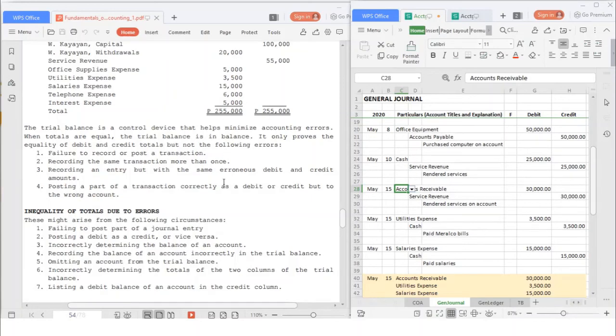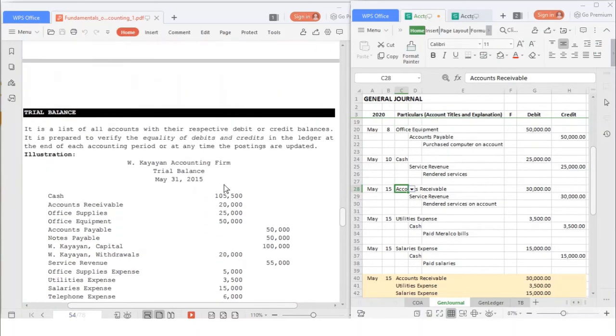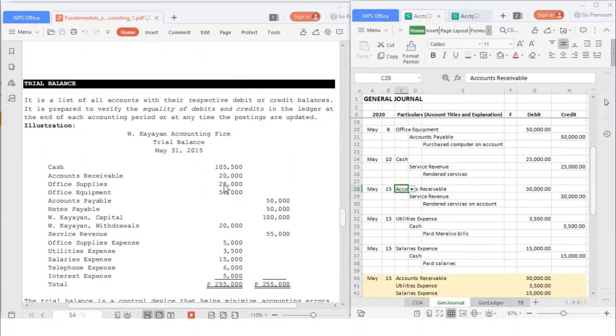So, again, you should be careful in the process, from your journalizing down to your posting and down to making your trial balance. So, let's stop with the trial balance for now. It just takes practice. The activities that I will be giving you are more on journalizing and creating the accounts.